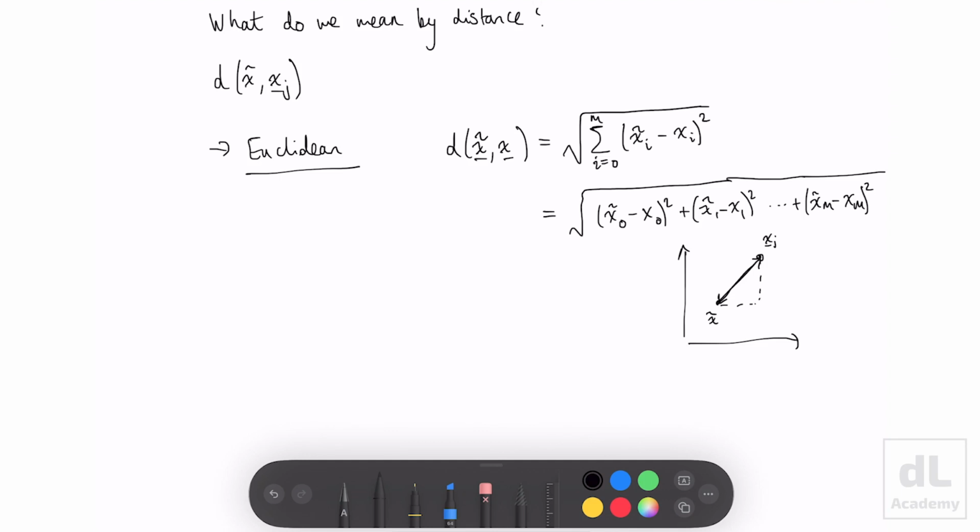Let's call this d. We take this distance here, let's call it d1, and then we call this distance d2, and then the total d would be the square root of d1 squared plus d2 squared, right?